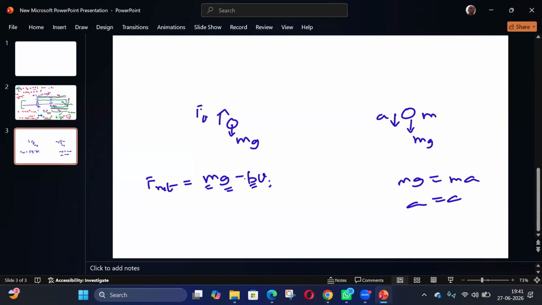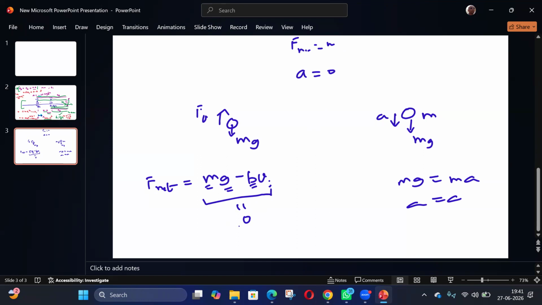At some stage, this net force will become zero. So when the net force is zero, acceleration will be how much? Zero, because net force is mass into acceleration.